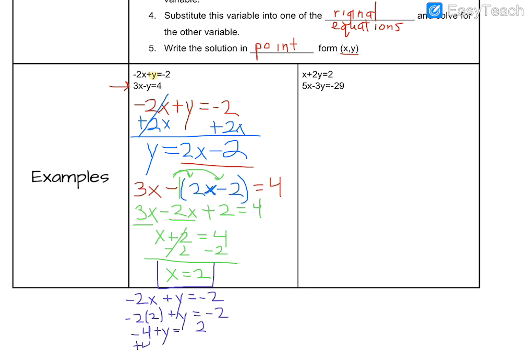And then we add 4 to both sides. And then we end up with y equals 6. So on this problem, our solution is (2, 6).